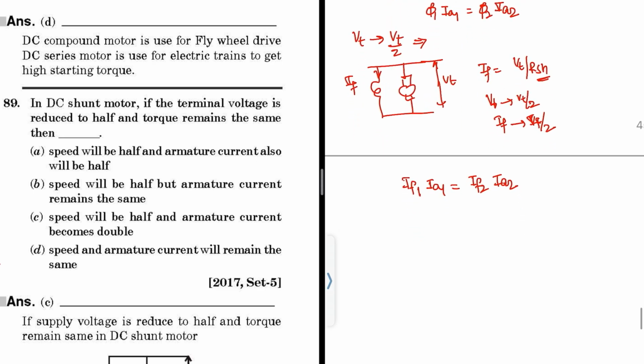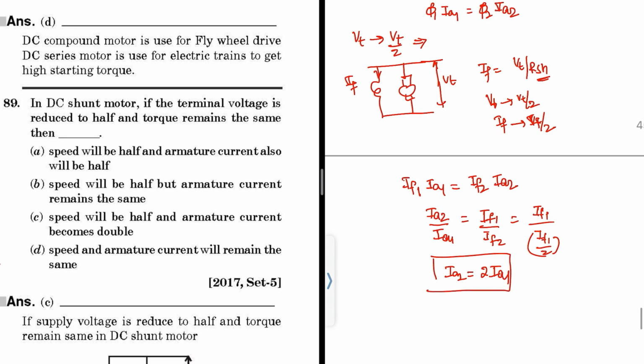So Ia2 by Ia1 equals If1 by If2, which is If1 by If1 by 2. So Ia2 equals 2 times Ia1. The armature current will be doubled. Out of the four options, armature current doubled is here only.